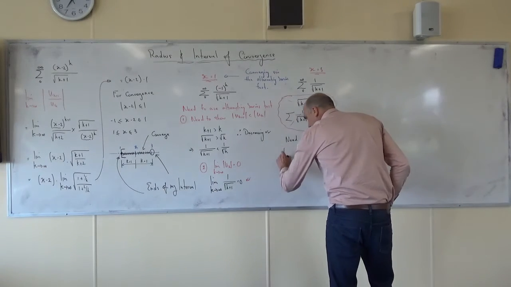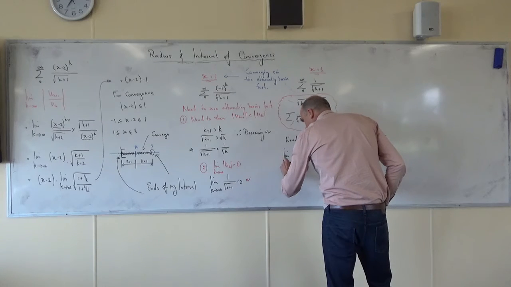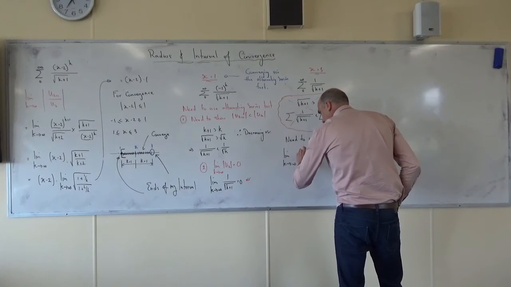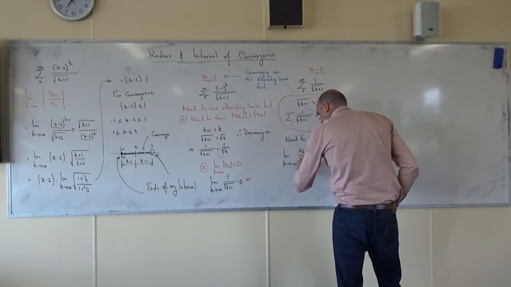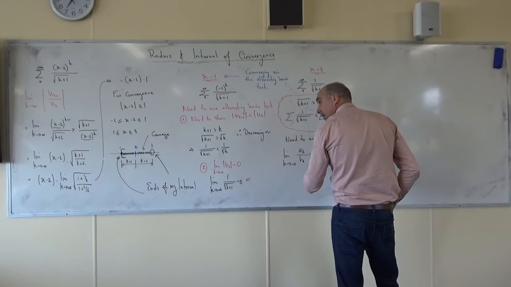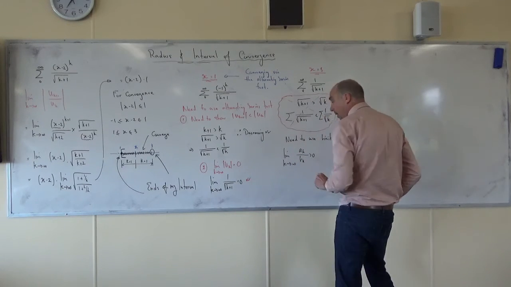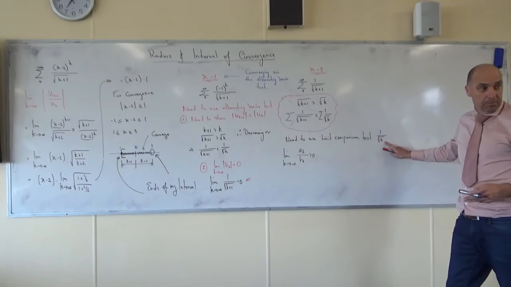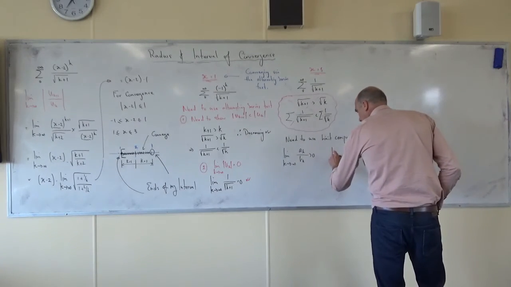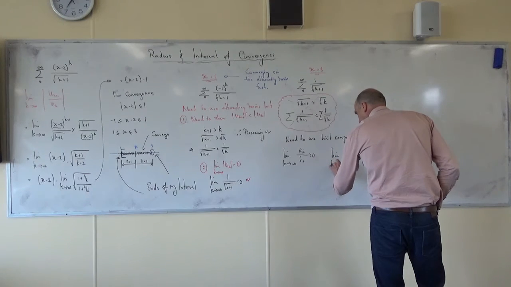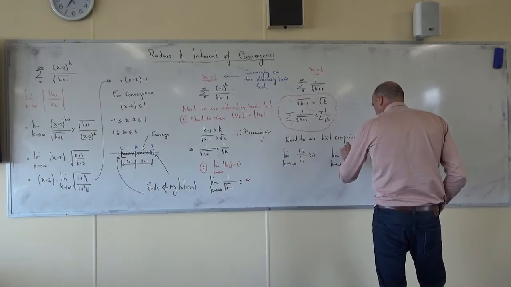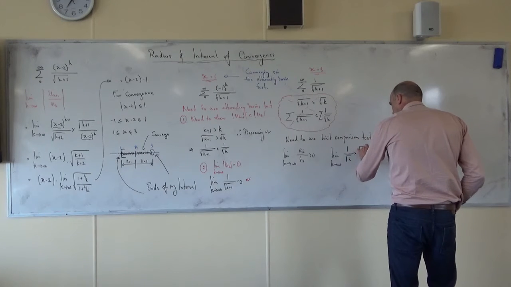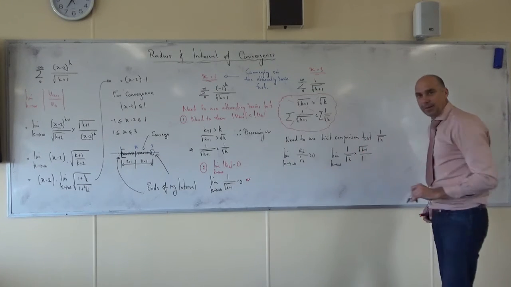How does the limit comparison test work? We've got to find the limit as k approaches infinity of a_k divided by b_k, and show that that is greater than 0. I'm going to compare that to 1 on square root of k. So I've got the limit as k approaches infinity of 1 divided by the square root of k plus 1, multiplied by the square root of k on 1.